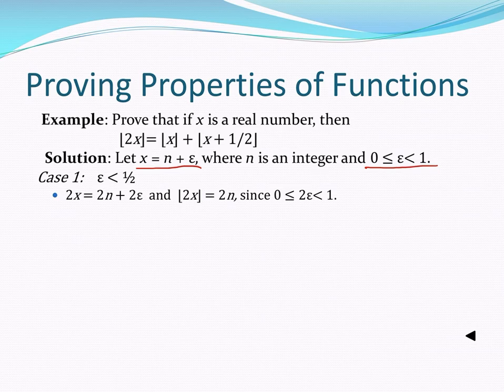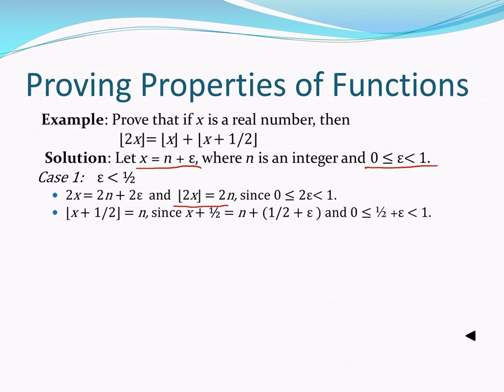All right, first let's take a look at the 2x portion of our equation. Since 2x is equal to 2n plus 2 epsilon, and I just mentioned that 2 epsilon will be strictly less than 1, then the floor function of 2x will equal 2n. And the floor function of x plus 1/2 will also equal n, because since epsilon is strictly less than 1/2, then epsilon plus 1/2 is strictly less than 1, and so the floor function of x plus 1/2 will equal n.